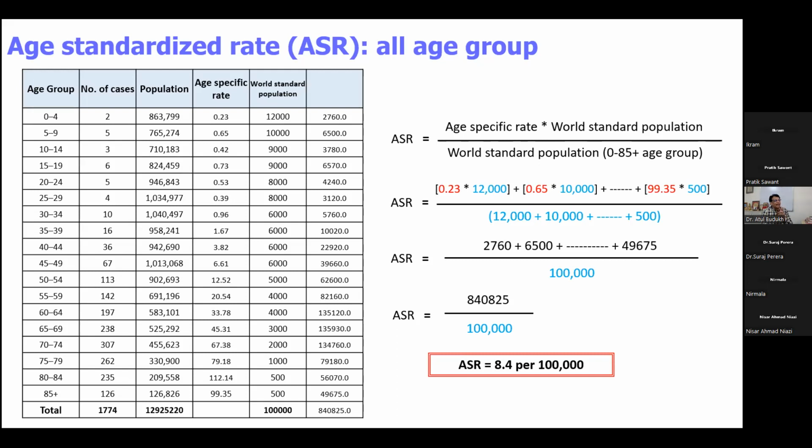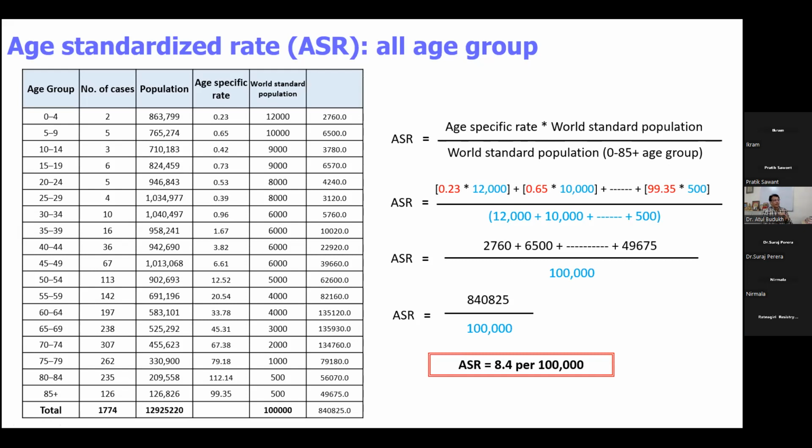Is that clear? No. Age specific rate is the burden of cancer in that age group. Let us say age group 30 to 34: 10 by 1040497, 0.96 is the age specific rate. I will show you in the graph how the age specific rate comes from 0 to 85. Age specific rate is the burden of cancer in that age group, and age standardized is the total burden from 0 to 85.